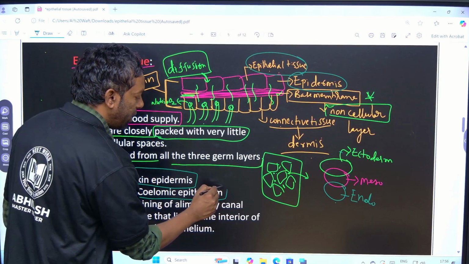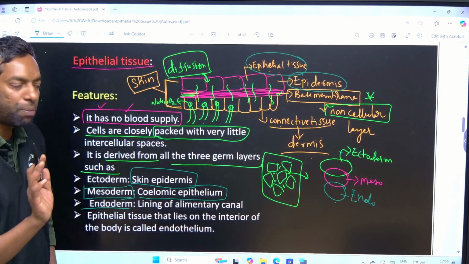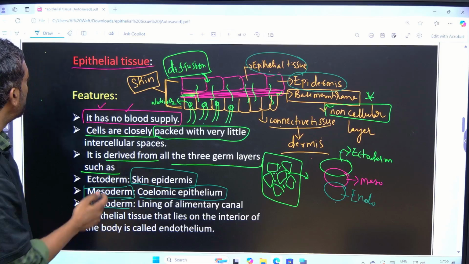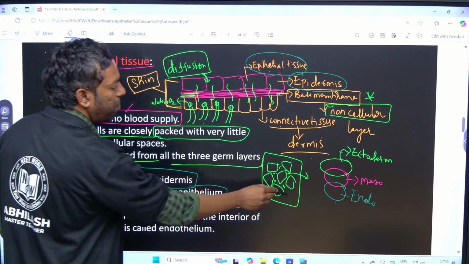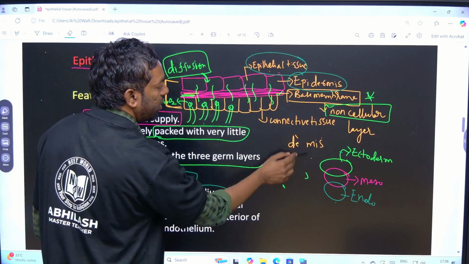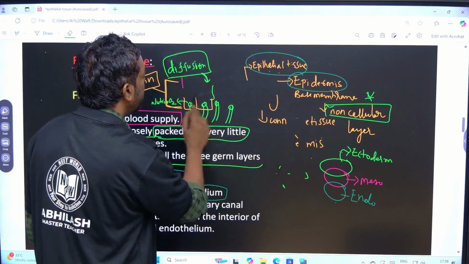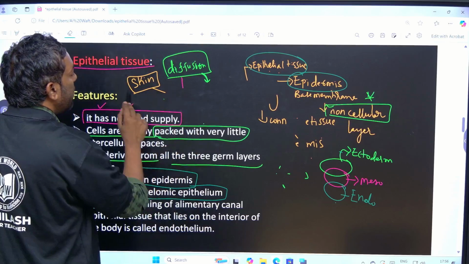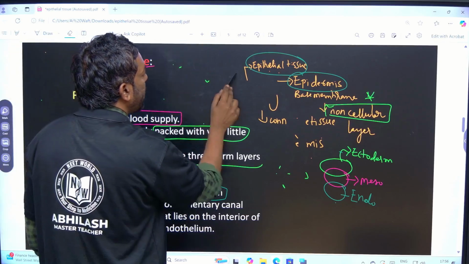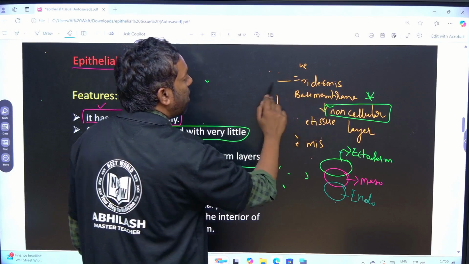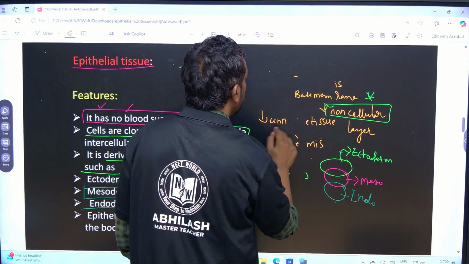And also mesoderm: coelom epithelial tissue develops from the mesoderm. What is coelom epithelial tissue? There is a coelom, the body cavity. Visceral organs develop in the coelom.